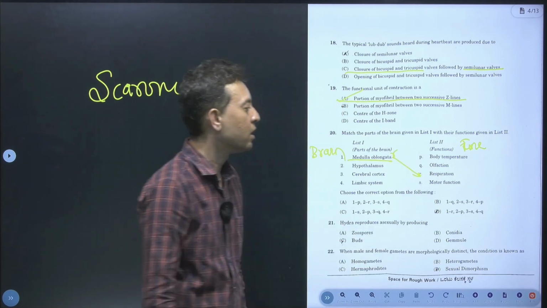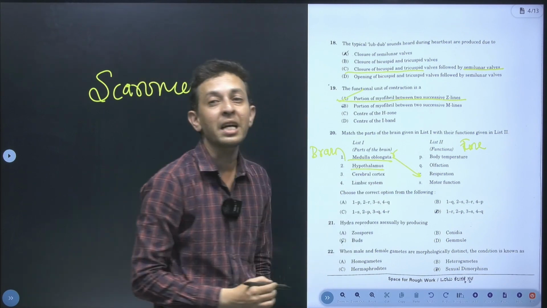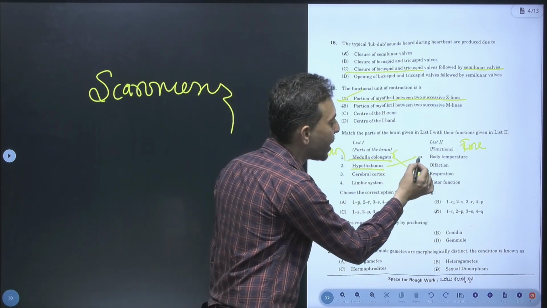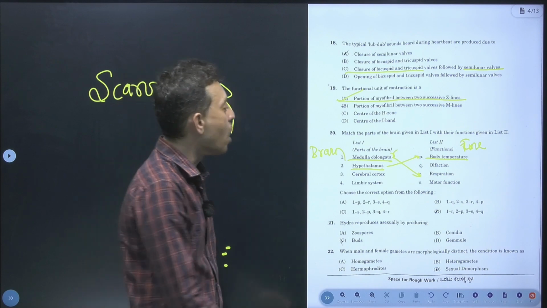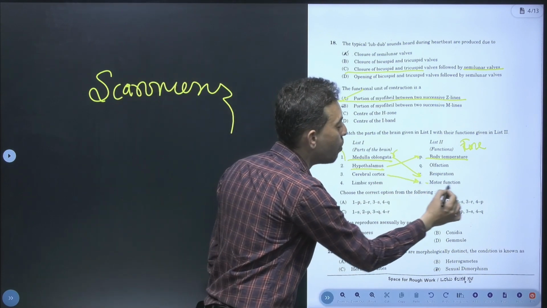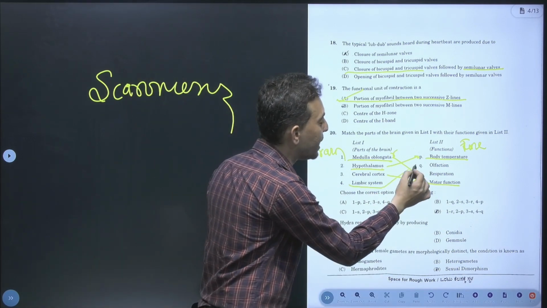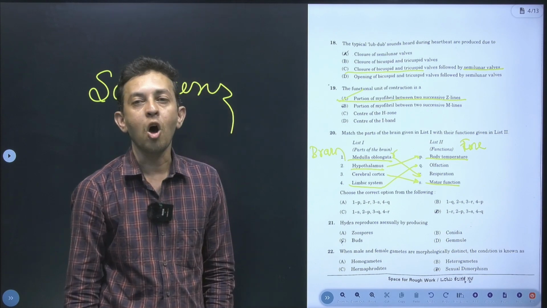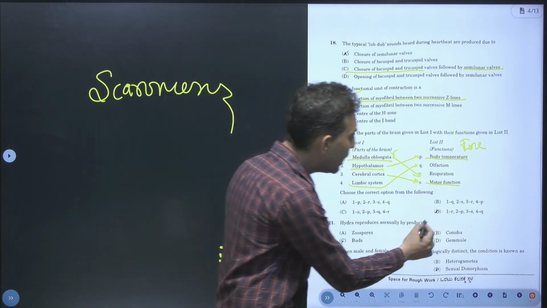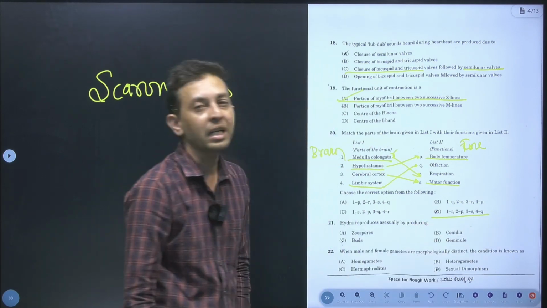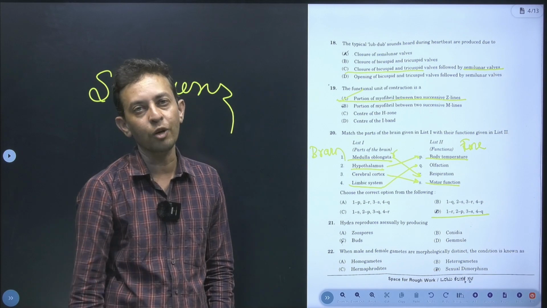Then we all know hypothalamus regulates body temperature. Cerebral cortex will control motor functions in our body. Then limbic system is responsible for olfaction. So the correct option over here is D1, RPSQ, the regions of the brain and the respective functions.